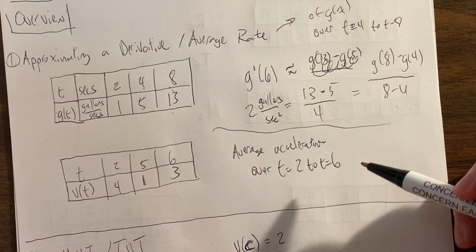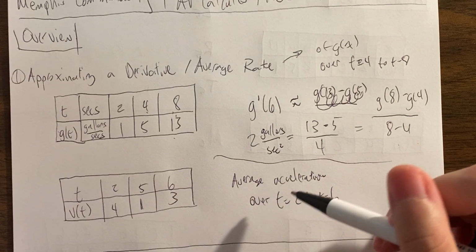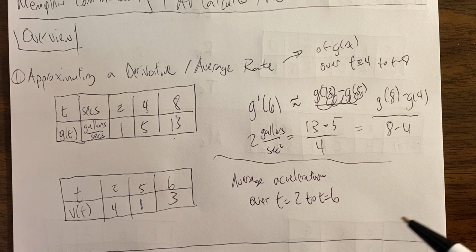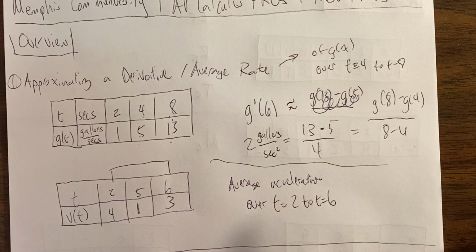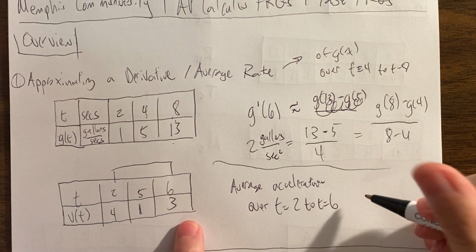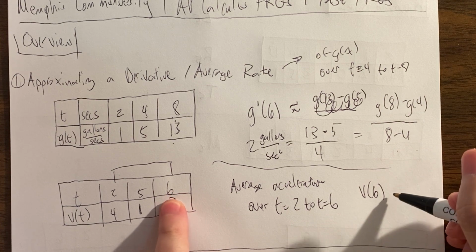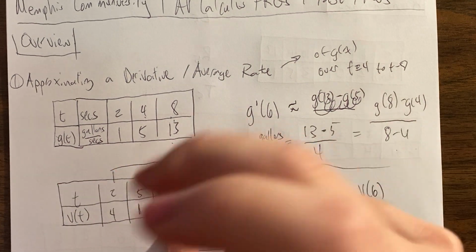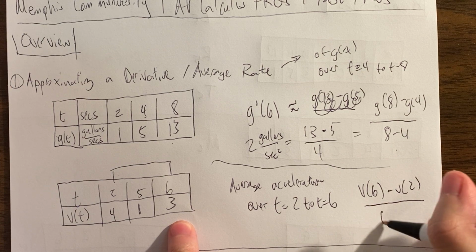Again, you might not be able to tell, but this is the word acceleration. Average acceleration is the same thing as average rate of velocity. So what you would be doing is, again, algebra slope. So it would be v of 6 minus v of 2 over 6 minus 2. These are the t values, so these are your x values, really.